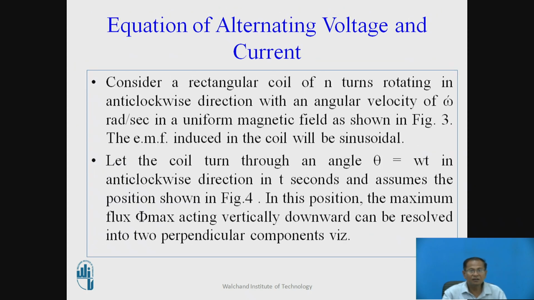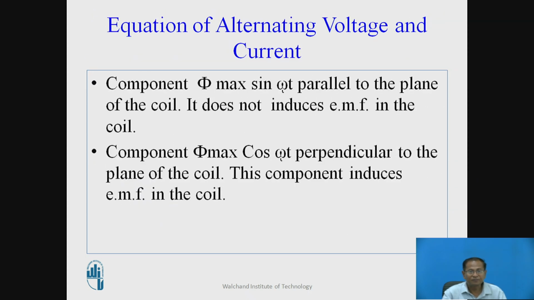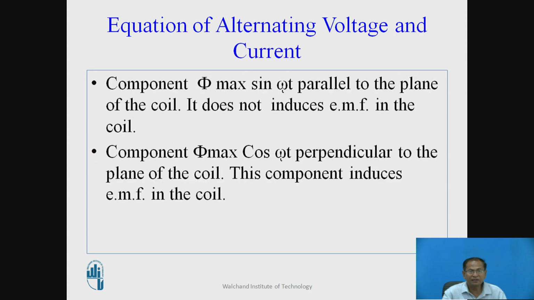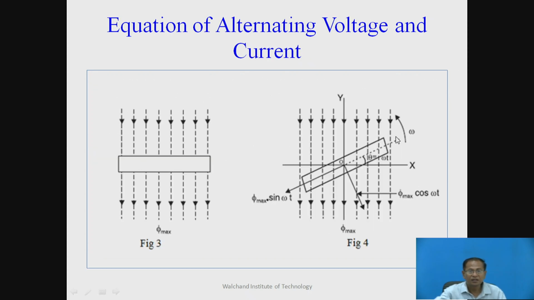Now, consider a rectangular coil of N turns rotating in the anti-clockwise direction with the angular velocity omega in the uniform magnetic field as shown in figure 3. The EMF induced in the coil will be sinusoidal. Let the coil turn through an angle theta is equal to omega t in the anti-clockwise direction.